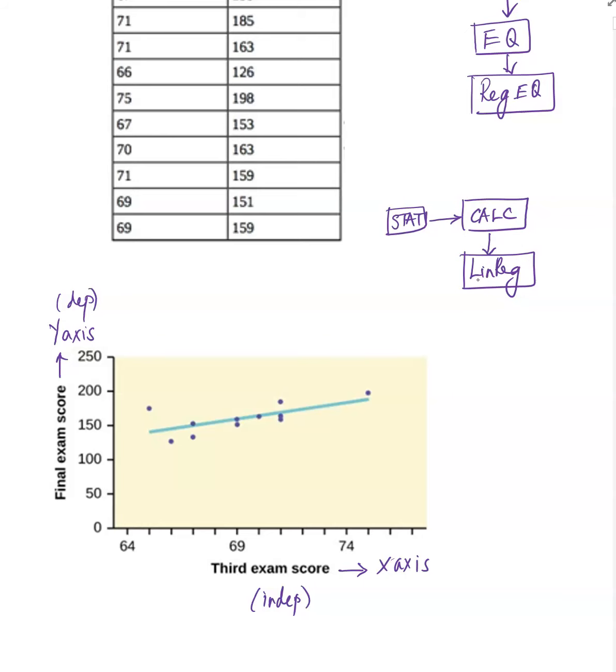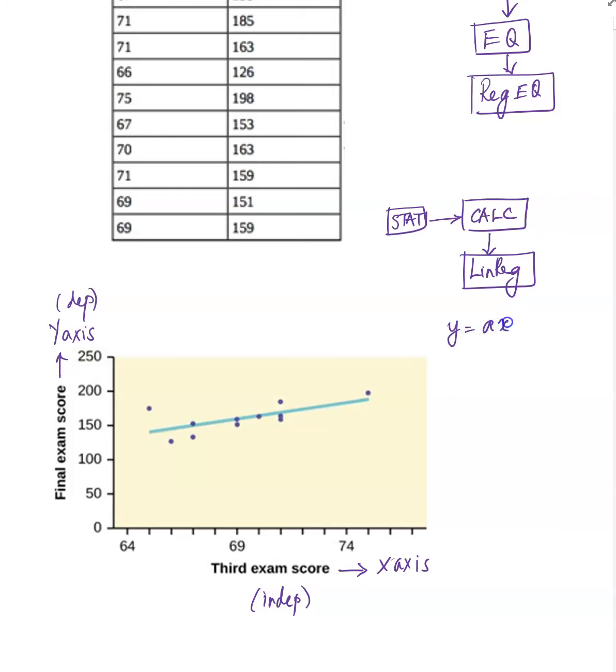So let's write that the way we see it, and make sure that you are calling upon the right list. Under linreg you'll have x list, y list, and those are the only things you'll have to do. Go down to calculate and hit enter.